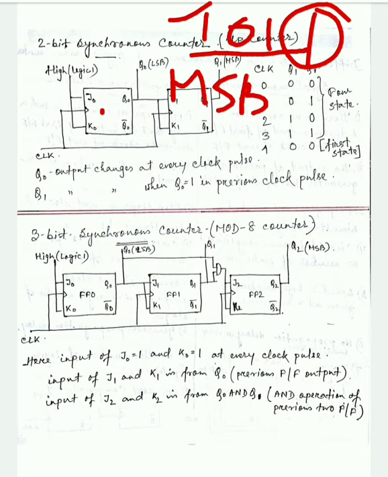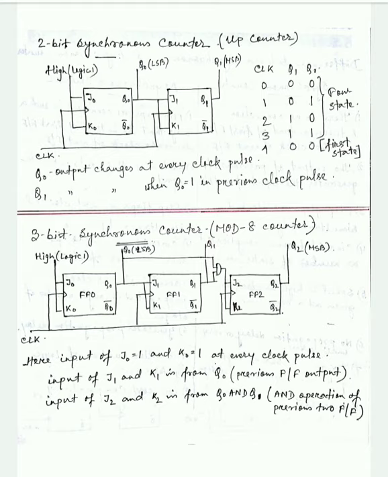But when we design a counter, we get the LSB in the leftmost flip-flop and the MSB in the rightmost flip-flop. At first you have to know this. Okay, now the first flip-flop gives the LSB and the second flip-flop gives the MSB.